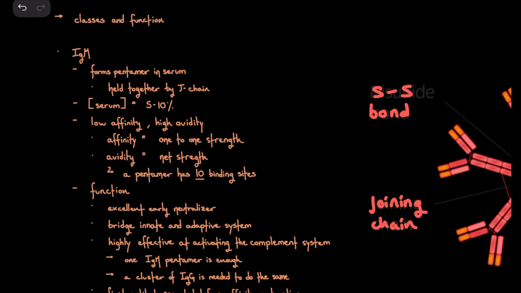So avidity is more so the net strength. With something that's a pentamer that has 10 binding sites, I have more potential to tag things. I have more potential to bind. It could be way less strong, but because I have 10 sites, there's a higher avidity, a higher net strength.